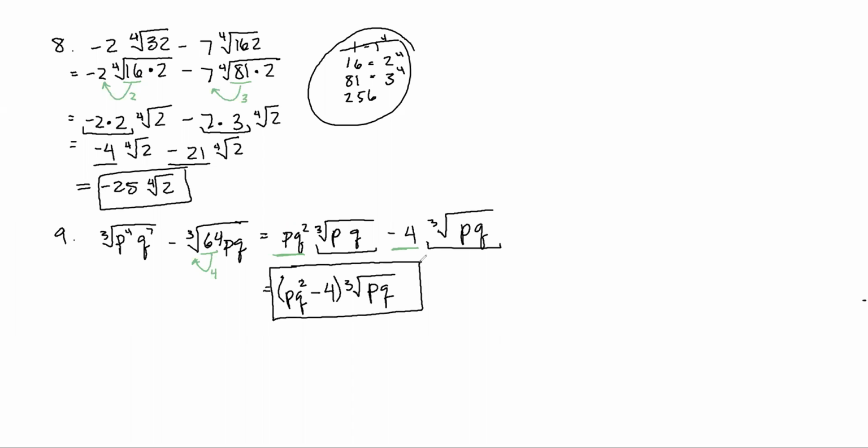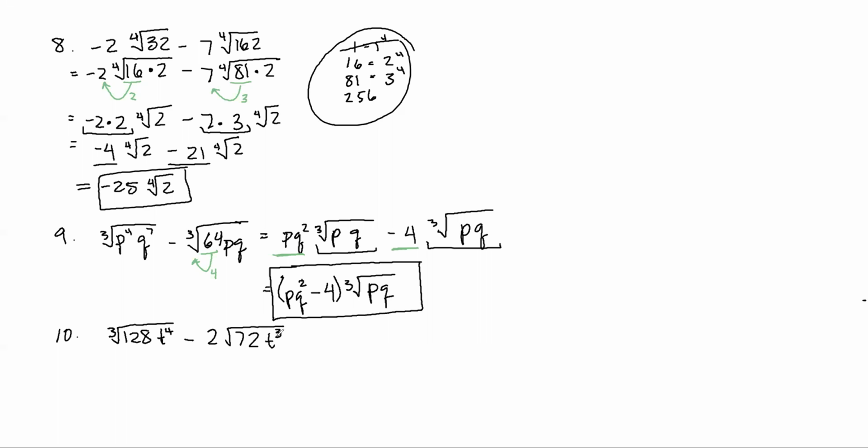All right, number 10. So one with variables that will actually look a lot nicer. This one we're given the cube root of 128 t to the 4th minus 2 square root of 72 t cubed.